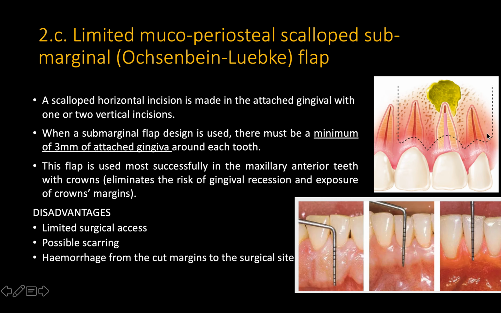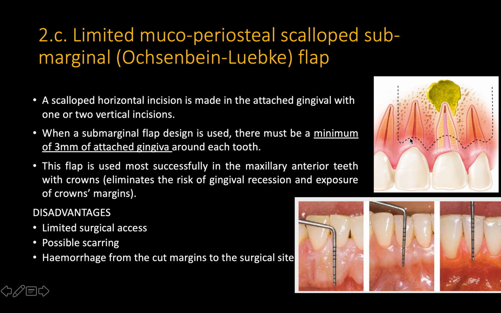So in this flap, we place our horizontal incision in the attached gingiva, in the subgingival margin area. And this horizontal incision will be scalloped to reduce scarring.